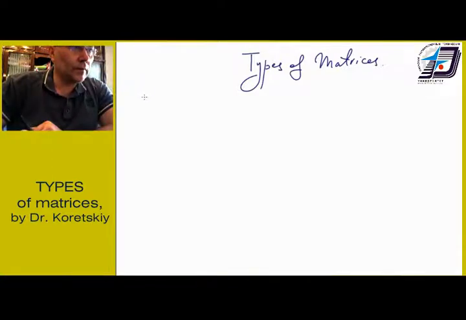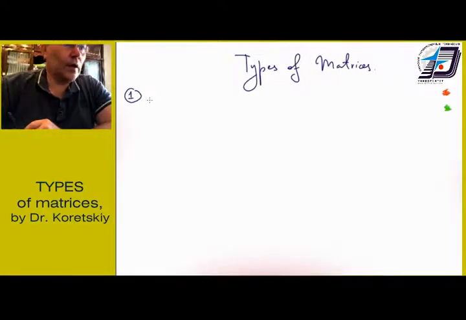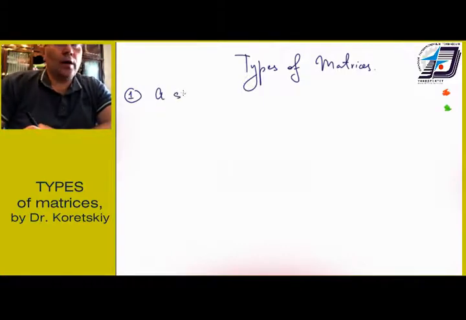Types of matrices. The first one is the most important and useful for your different subjects, and there are a lot of ways to use it. This is the so-called square matrix. A square matrix.